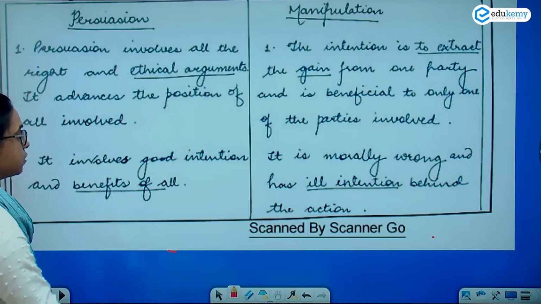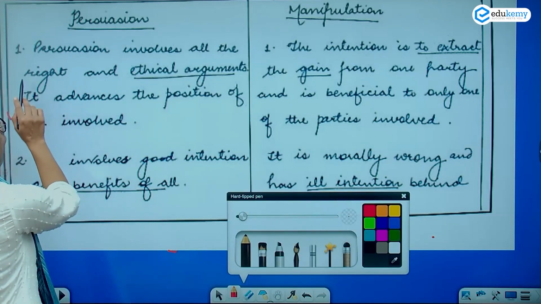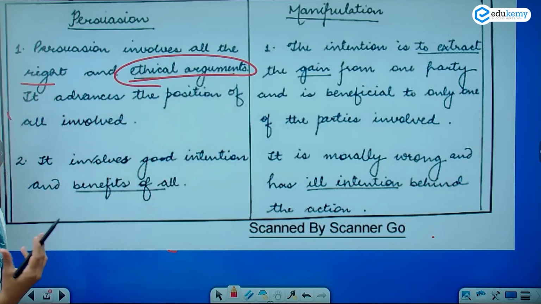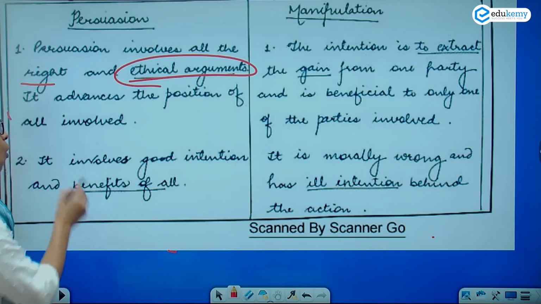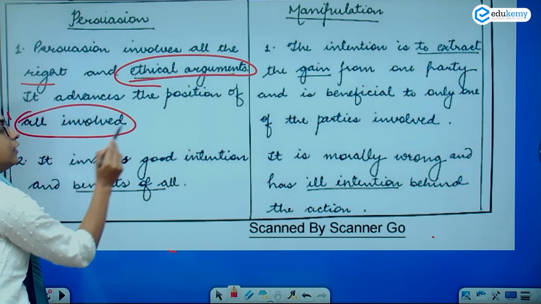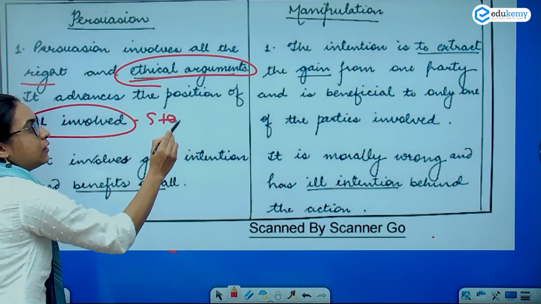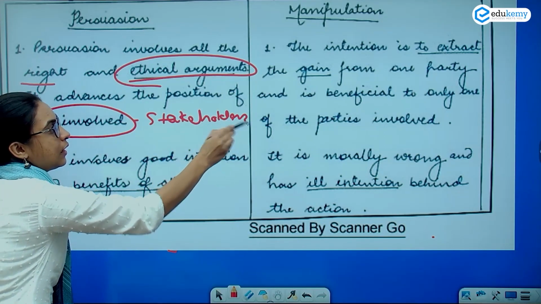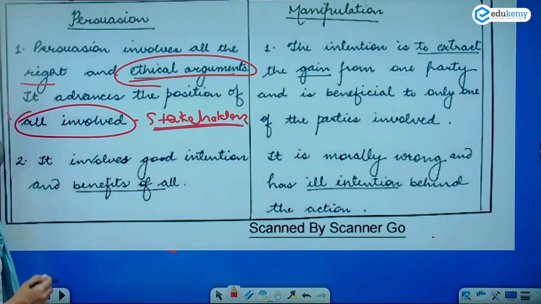So here in persuasion, it involves all the rights and the ethical arguments. It is a right, it's an ethical thing. It actually advances the position of all involved, whoever are the stakeholders in the decision making. All the stakeholders in the decision making, they are involved in a persuasion technique.